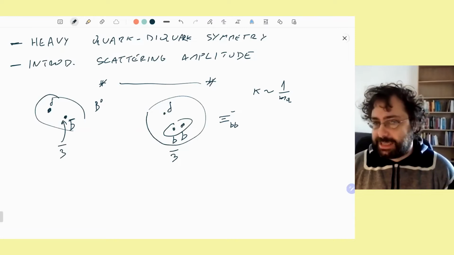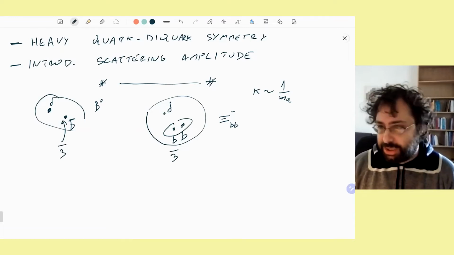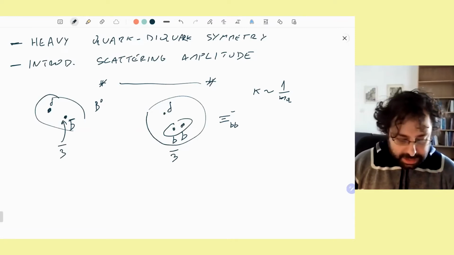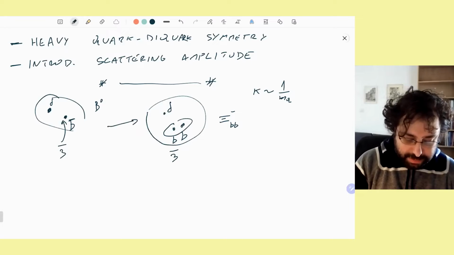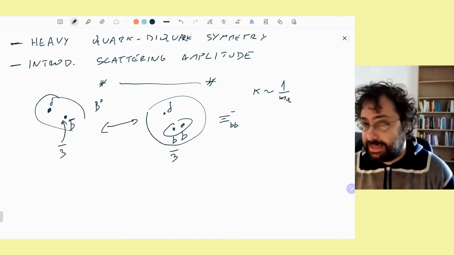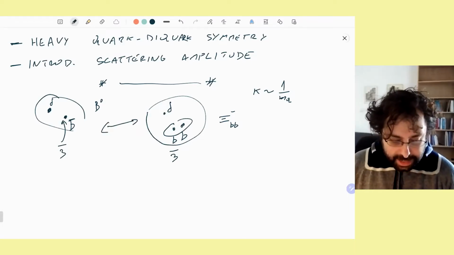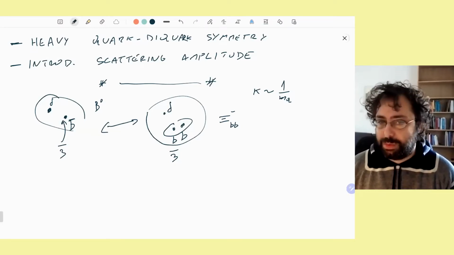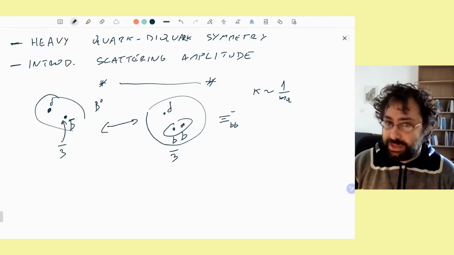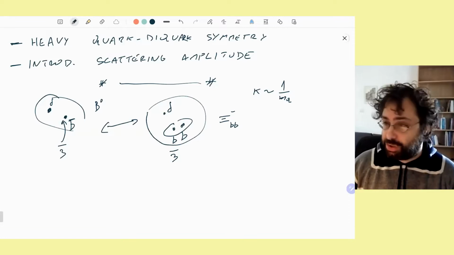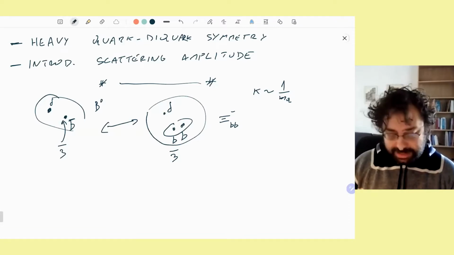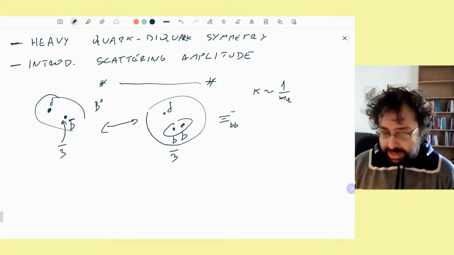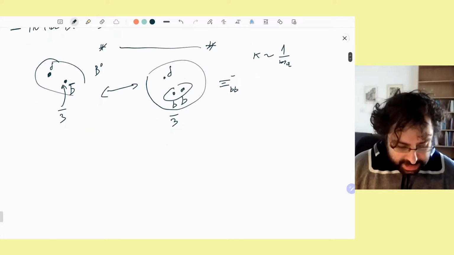Color-wise they look similar, and the interaction of spin is also suppressed. So you expect some symmetry that relates these two guys. As an exercise, we can understand the violations of this, the splittings, if we assume there is some small difference, and see what kind of relation we can get.